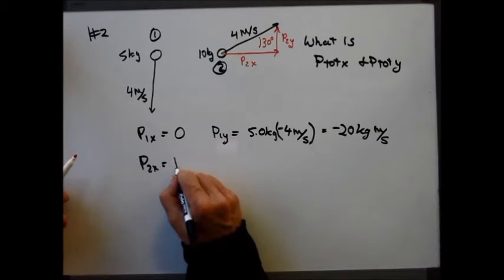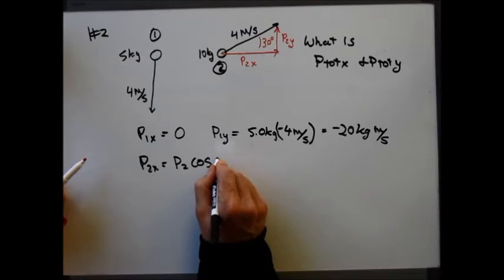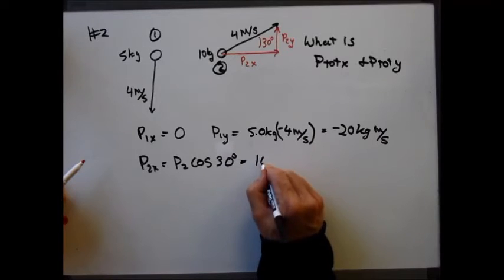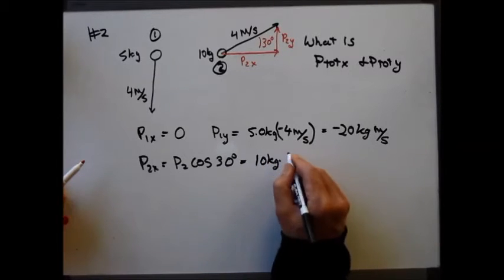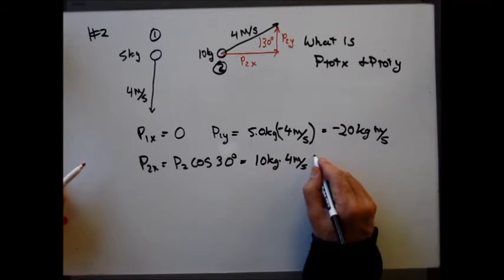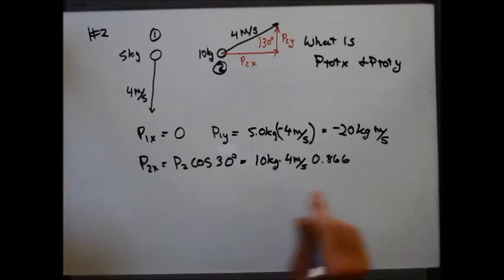This is just P2 cosine 30 degrees, which is just the mass, which is 10 kilograms times 4 meters per second, right? That's the momentum. And then I have to take the cosine of 30 times 0.866, right?